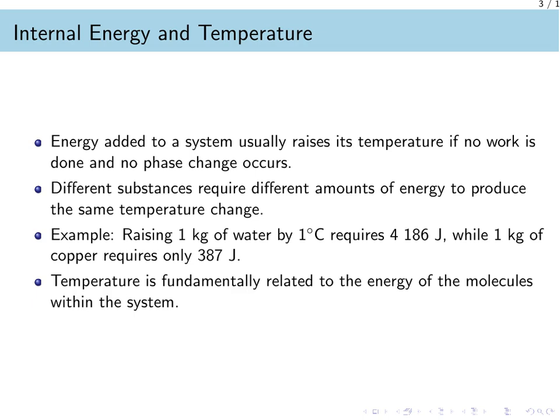In contrast, 1 kilogram of copper only requires 387 joules for that same 1 degree change. Fundamentally, temperature is related to the internal energy of the molecules within the system, meaning that as we add energy, we are increasing the microscopic motion of these particles.